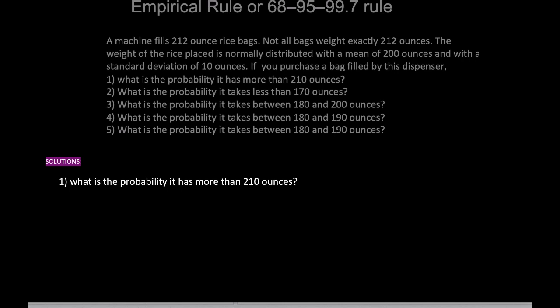If you purchase a bag filled by this dispenser, what is the probability it has more than 210 ounces? Let's start. First, write down the information we have. Let X be the weight of a rice bag. Then X has a normal distribution with mean 200.